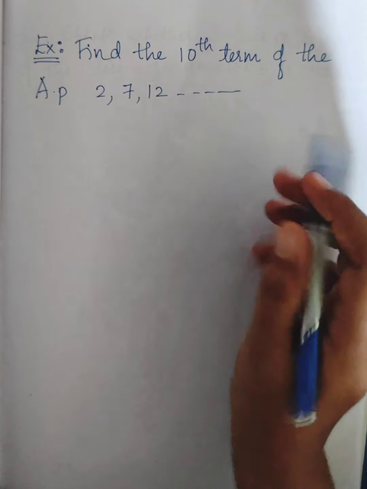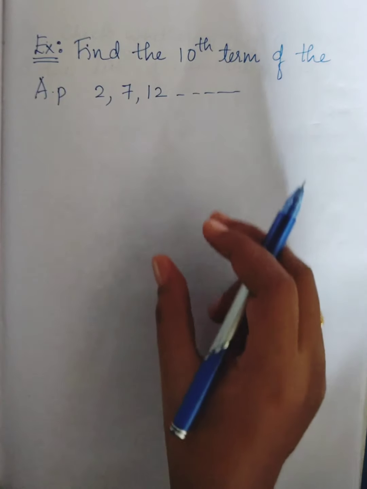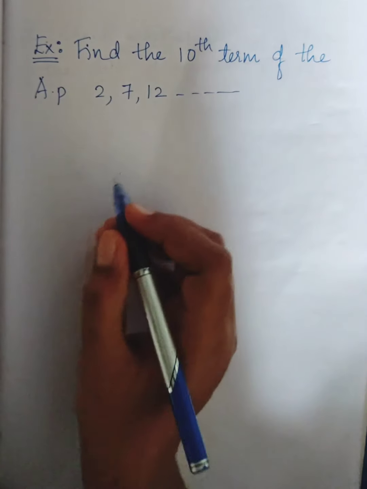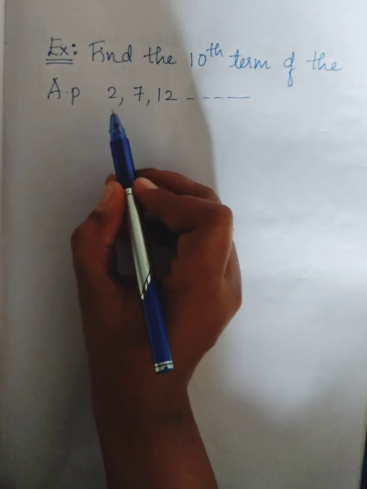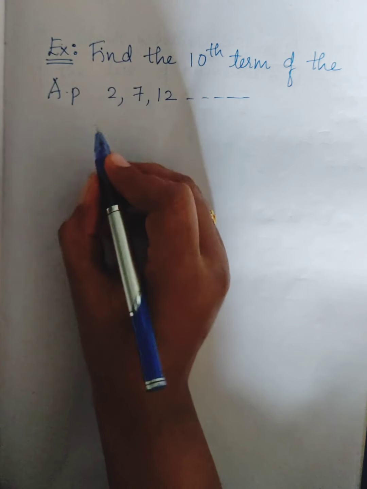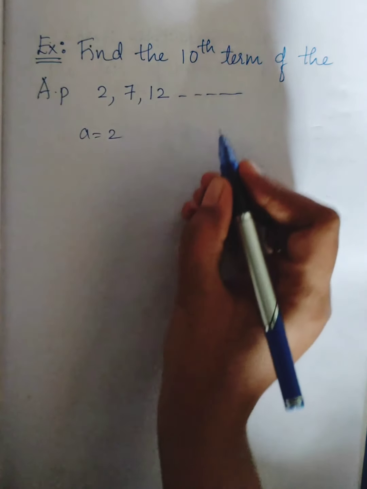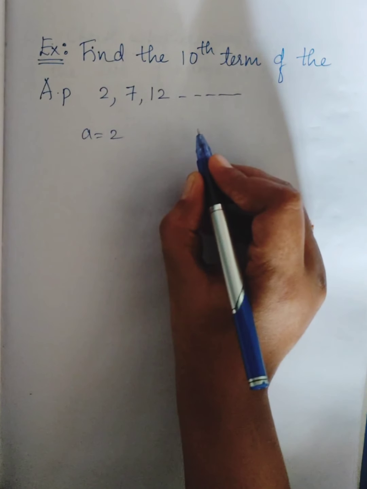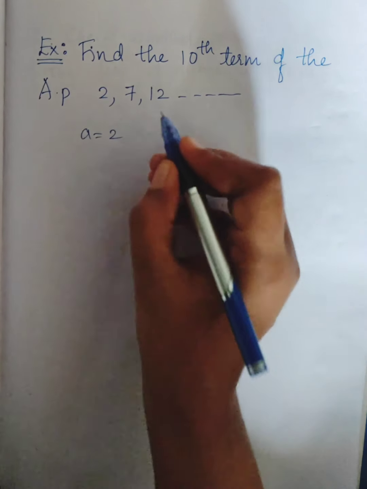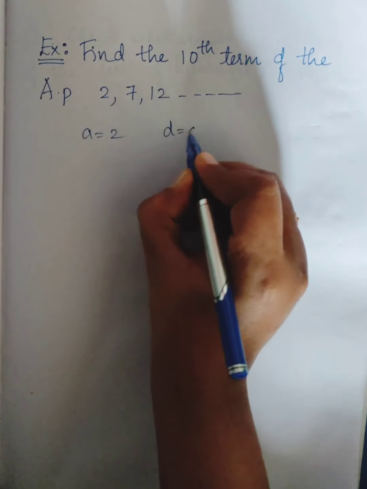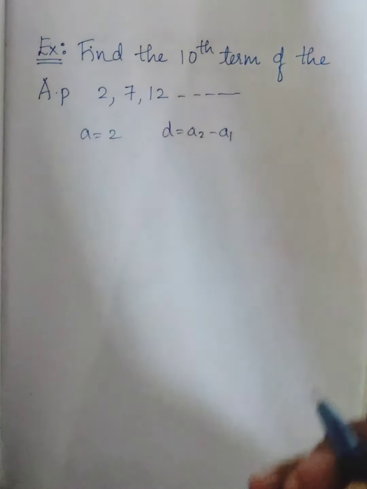So what all things are given? First I am going to write it. See, I have already told you the first term a is 2. Then the next thing is we need to find the common difference. How are we going to find the common difference? That is d is equal to a2 minus a1.